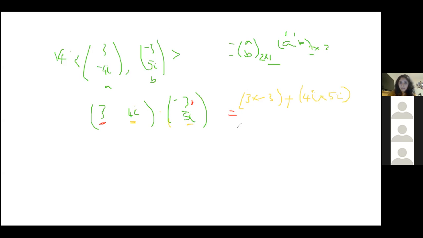And then 3 times -3 is -9, plus 4 times 5 is 20, but i squared is -1. So that's going to be -20. So that is -20 minus 9, which is -29.